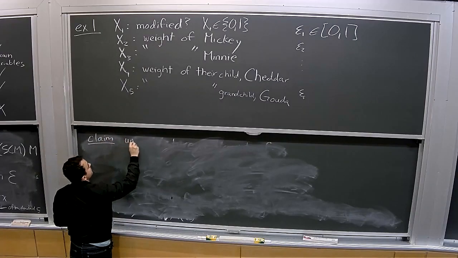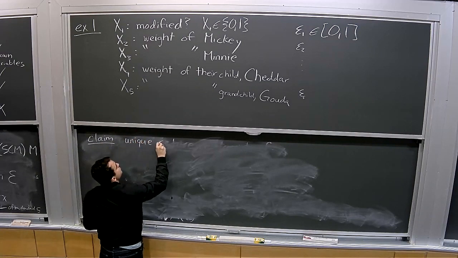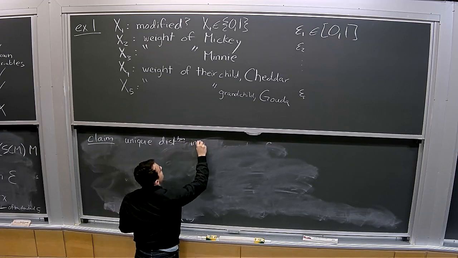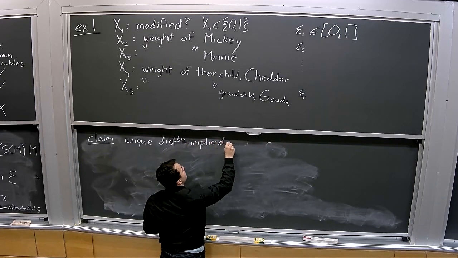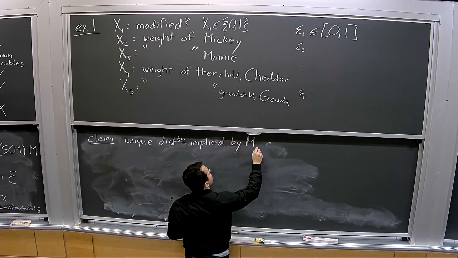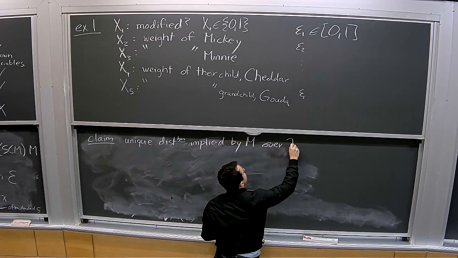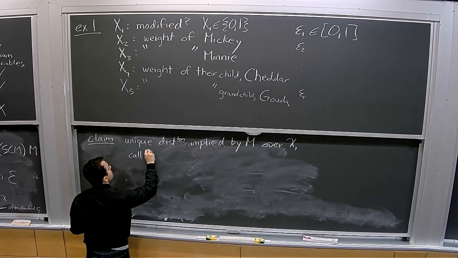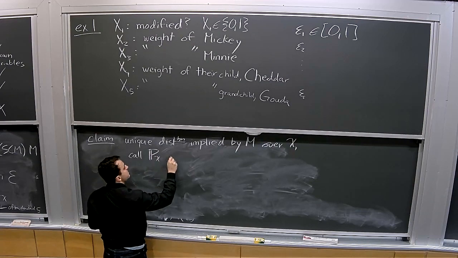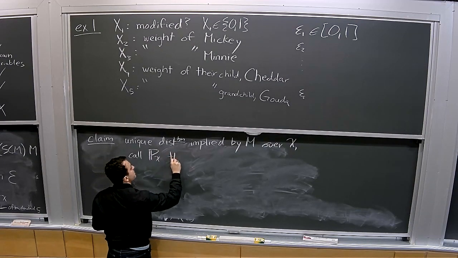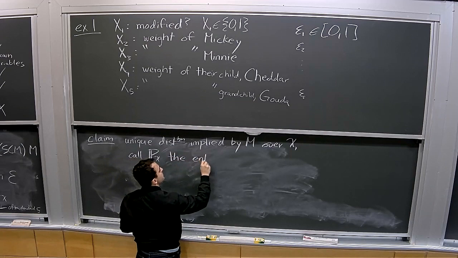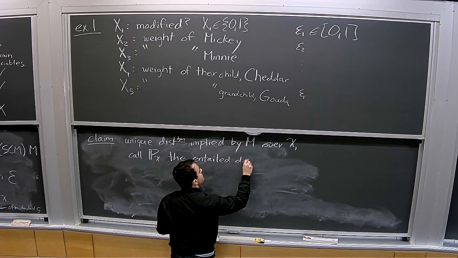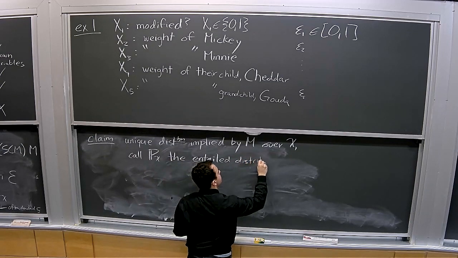There's a unique distribution implied by M over these variables x, and we're going to call that P of x, the entailed distribution.